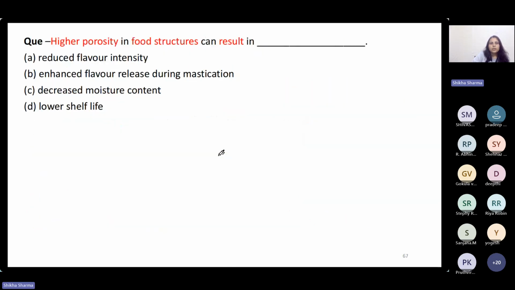Okay, let's move to this question now. Higher porosity in food structures can result in reduced flavor intensity, lower shelf life, decreased moisture content, and enhanced flavor release during mastication.